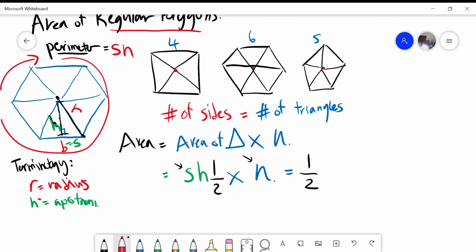So here we can actually replace the s and the n with P right over here. So this is actually equal to P, and obviously we cannot forget the h. And we are done. This is the general formula for the area of a regular polygon, which applies to any regular polygon that has n sides.